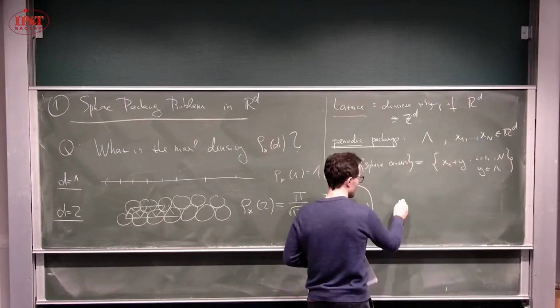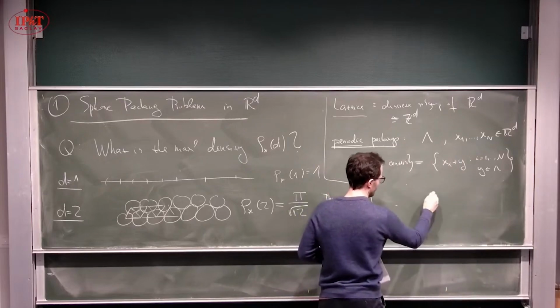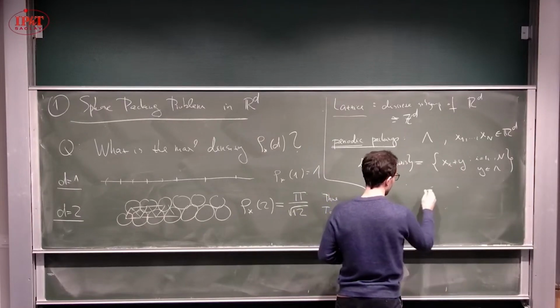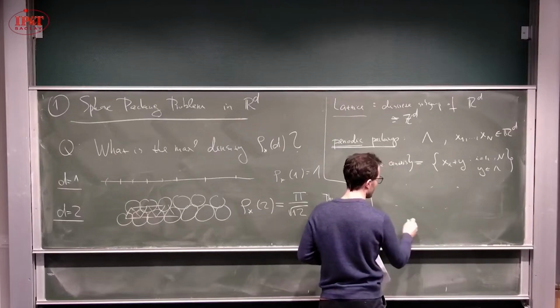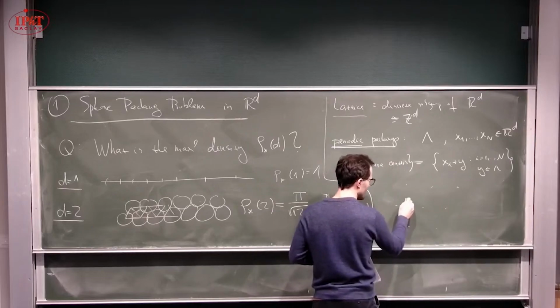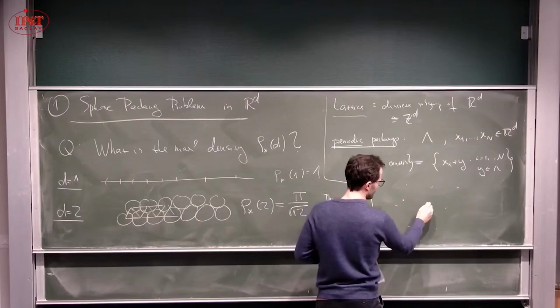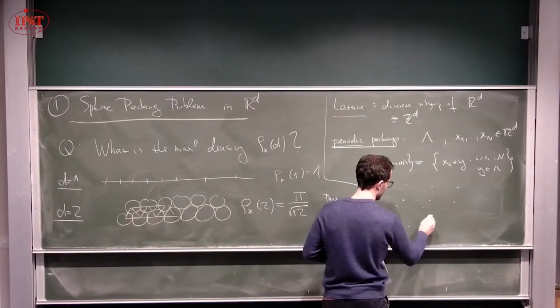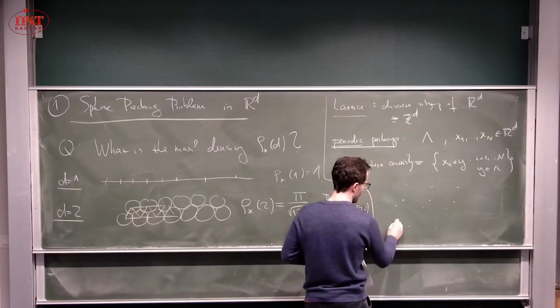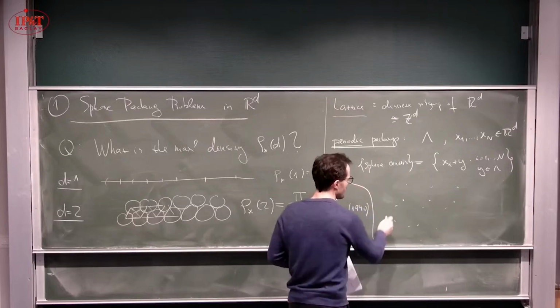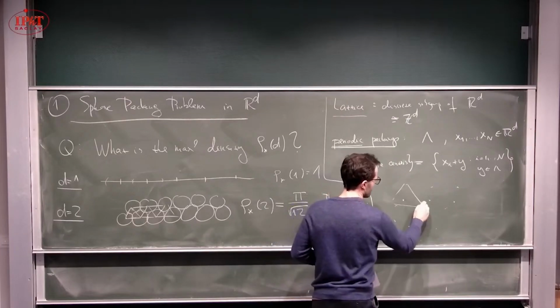So in 2 dimensions, you could have this hexagonal packing, which is a lattice packing, but then you could add say another point somewhere here and periodically shift it. This would be an example. I'm not drawing this very well.